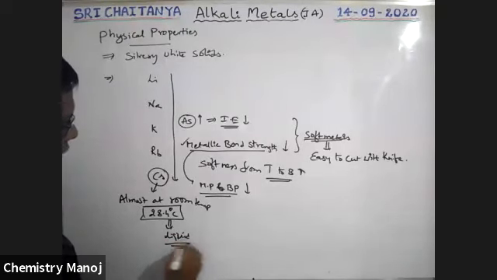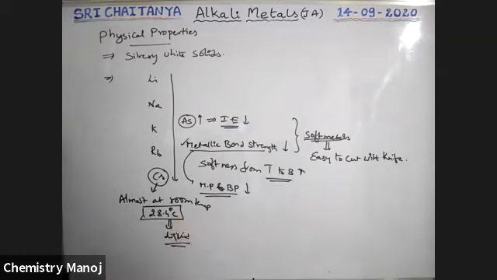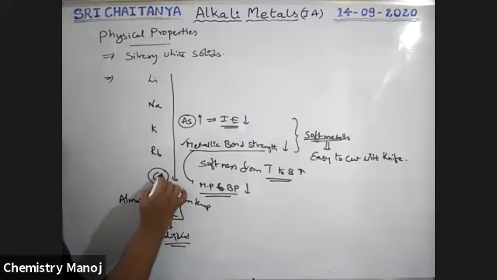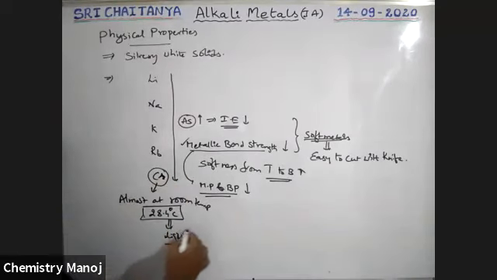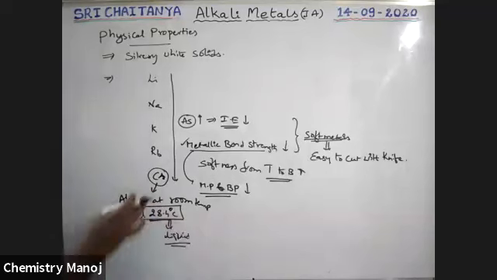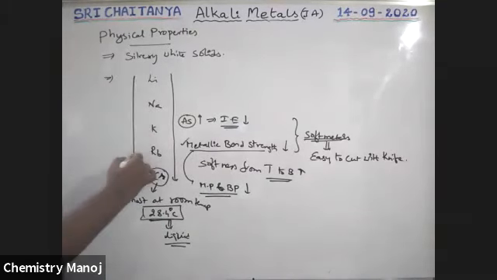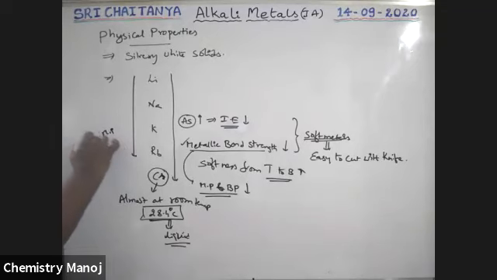The melting point is very, very less, boys. That's why at room temperature cesium is almost in liquid state. So top to bottom melting and boiling points decrease because metallic bond strength decreases.